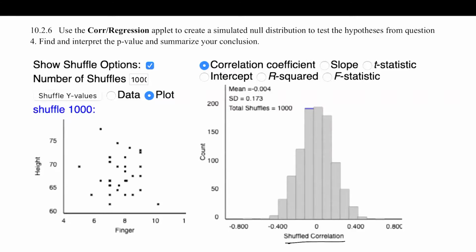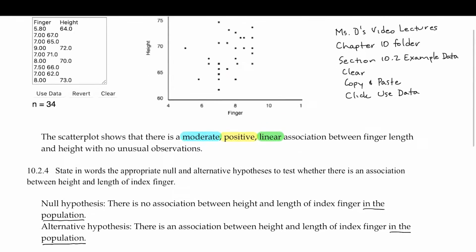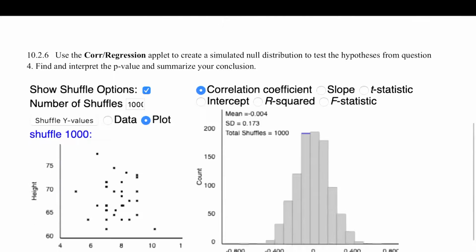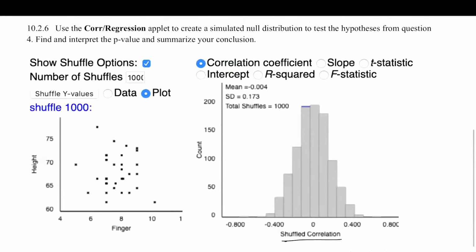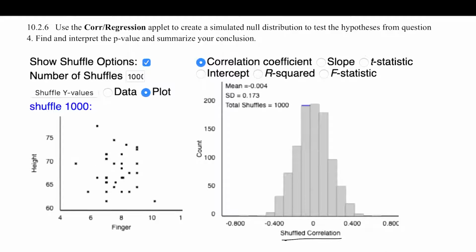Now that we've learned how to do the simulation in this instance, how do we come up with a p-value? Remember that the correlation coefficient was 0.474.